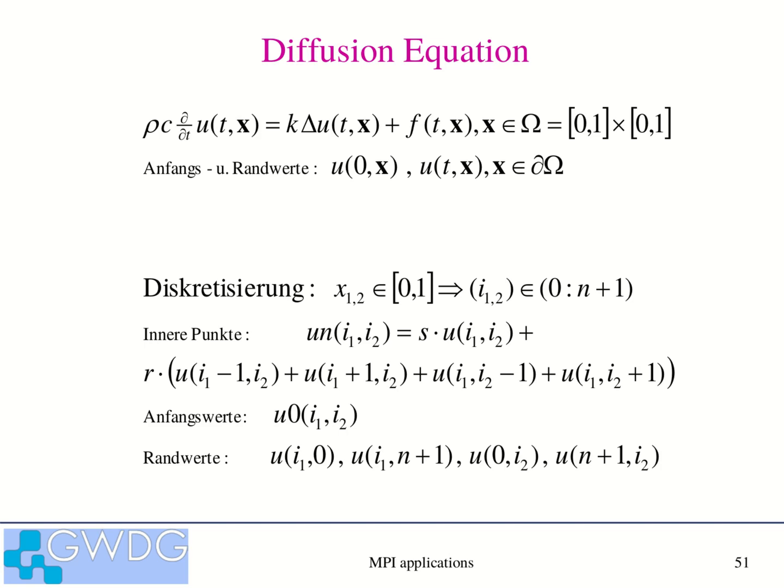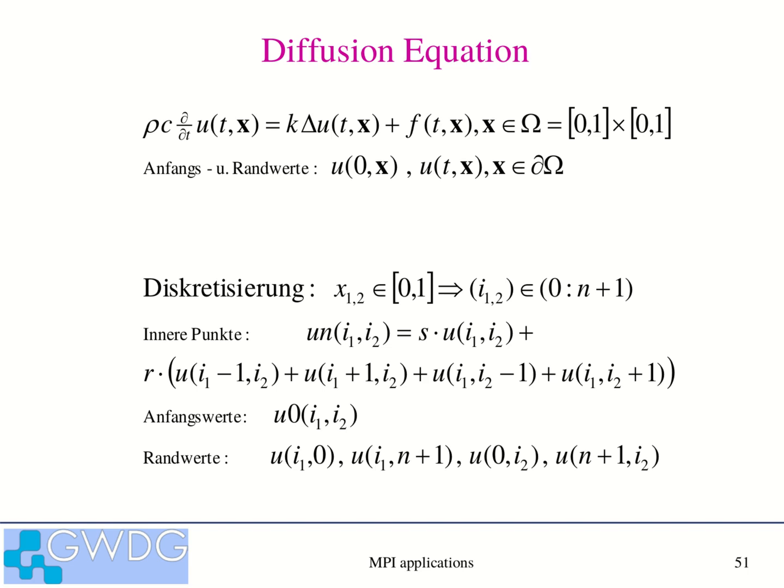So the time evolution is proportional to the second derivative of the property in space, plus some input value, some source which you put in the system. I will describe this in the simplest way, in a two-dimensional domain, where x is in a square of size 1, and you have to solve this equation.